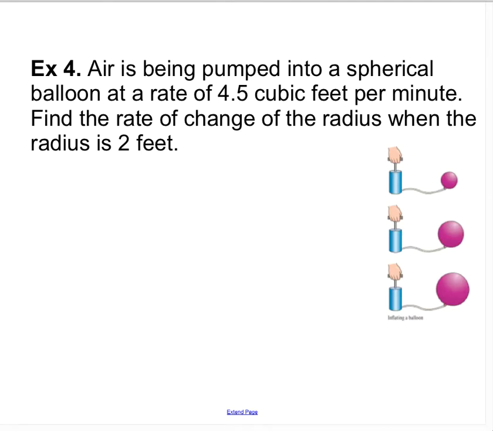Lastly, our question is, air is being pumped into a spherical balloon at a rate of 4.5 cubic feet per minute. Find the rate of change of the radius when the radius is 2 feet. So the first step each time, well, what equation is actually relating all of those variables? It says the volume of a spherical balloon.